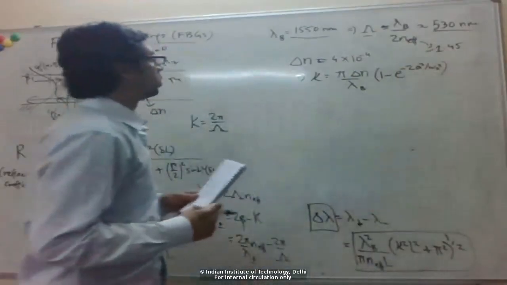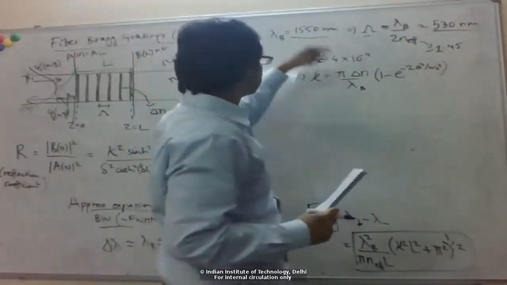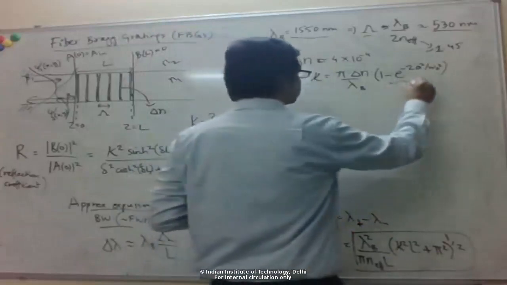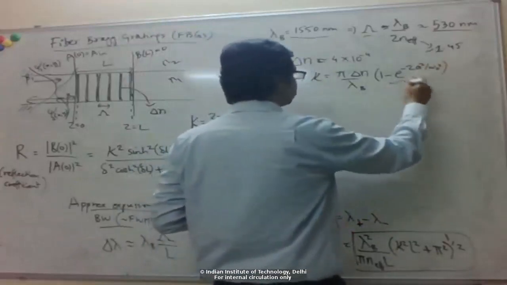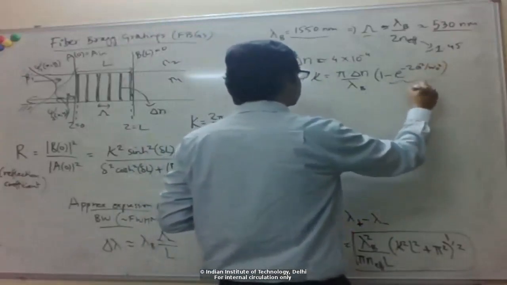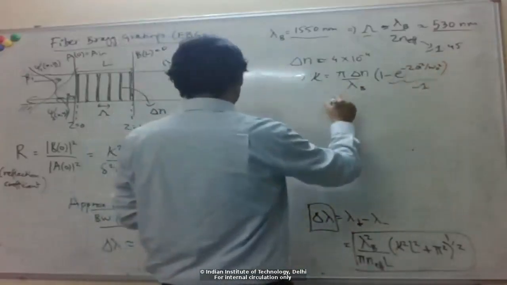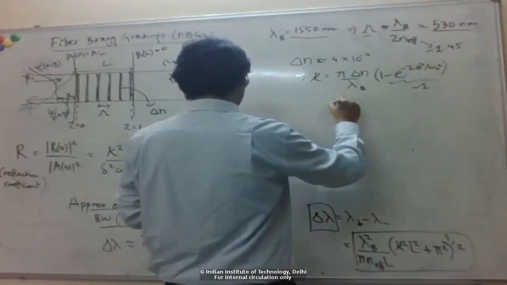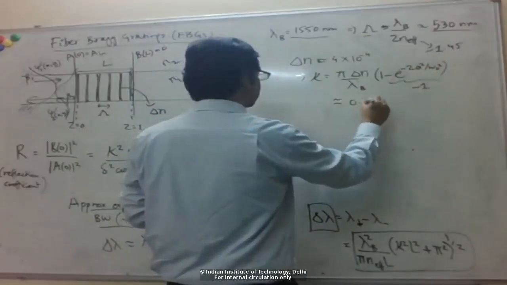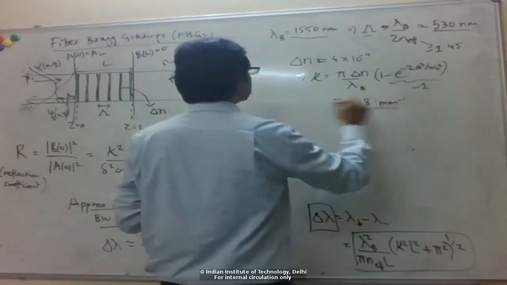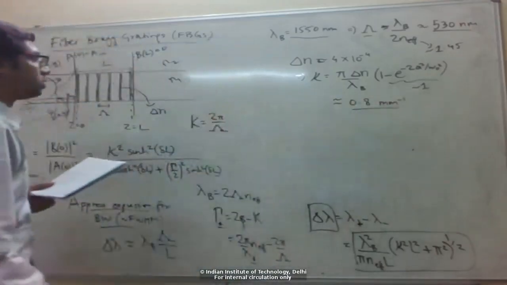Right. So if you put these numbers here, this confinement factor was between 0.5 and 1. For now, let's say this is close to 1. So this number comes out to be about 0.8 per millimeter for these values.